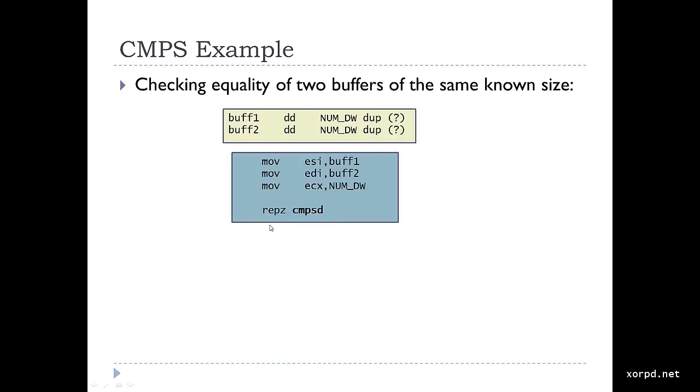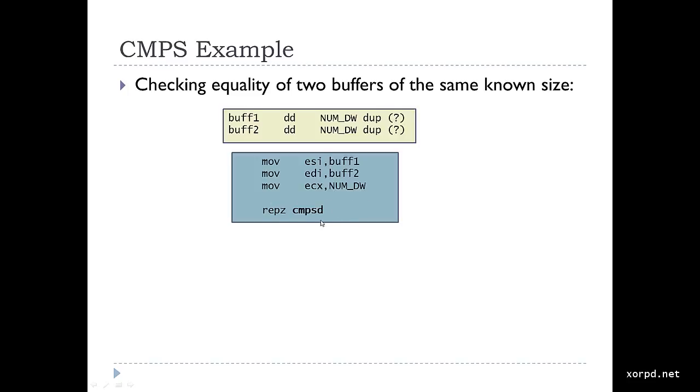This instruction will finish only when a mismatch was found, which means that it will only finish if the D word from buff1 does not equal the D word from buff2. And there is another termination condition. It will also end after exactly num_dw D words. So in the case where all the D words are equal, this instruction will go exactly num_dw D words, and then it will stop.